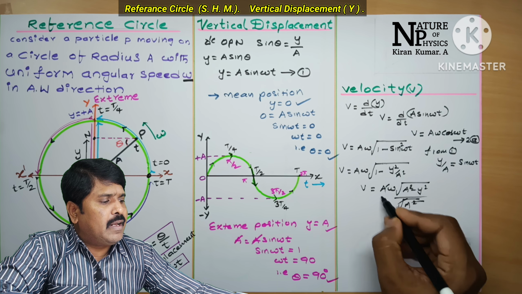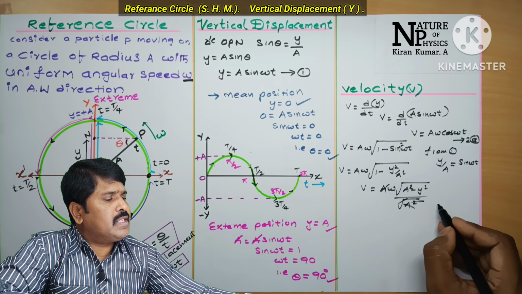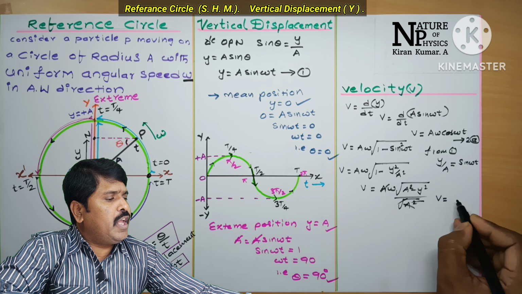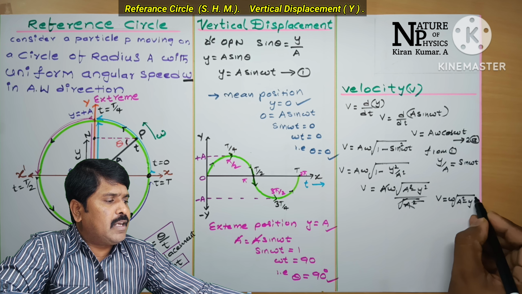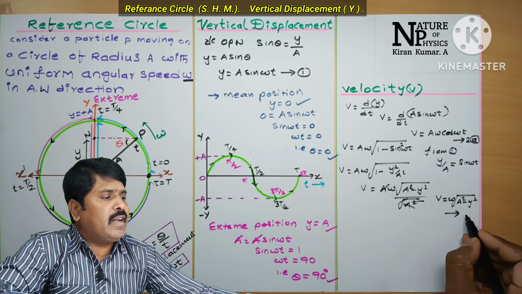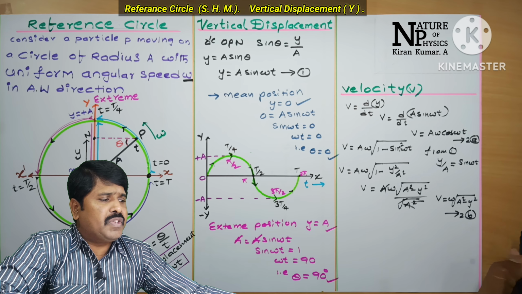The square root cancels, a and a also cancel. So the second velocity equation is v is equal to omega root over a square minus y square. I can write this as equation number 2b. I got the second velocity equation.